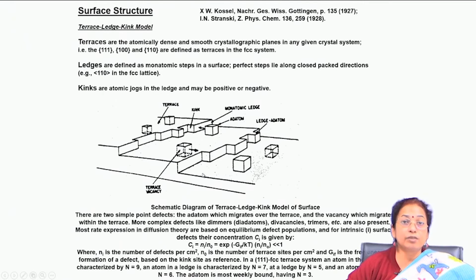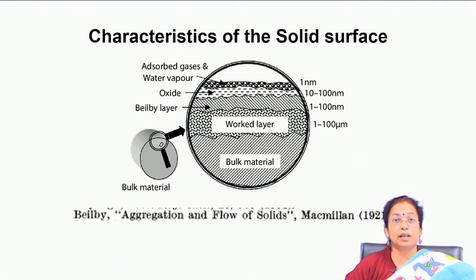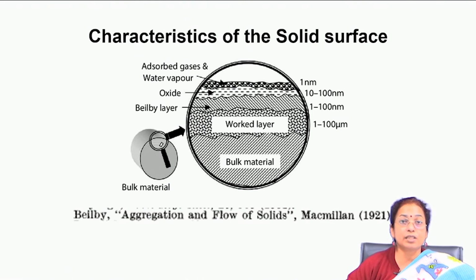So, this particular surface arrangement is very important to know, and you will find it if you see it in ultra high vacuum and when the surface is highly pure in nature. Now, if you go to a little lower scale, rather if you just go on magnifying further, if you resolve it to a larger extent, like if you see the microscopic arrangement of the surface, but not really the atomic arrangement, you will find that depending on the zone where you are observing, the structure again varies.